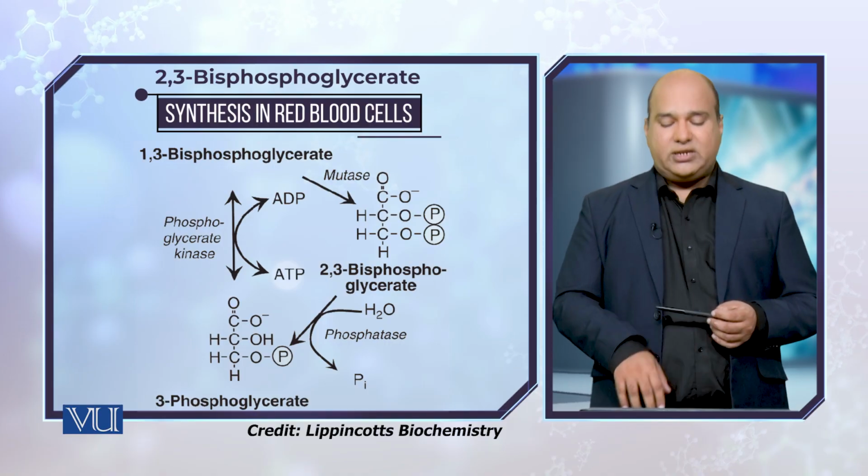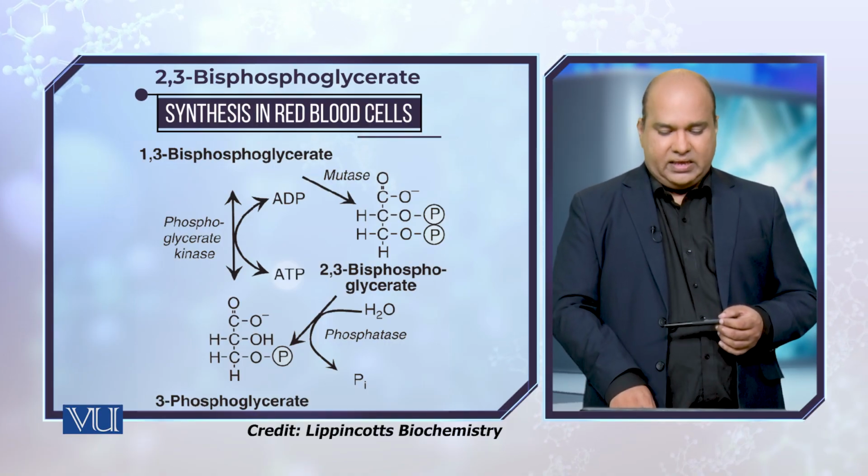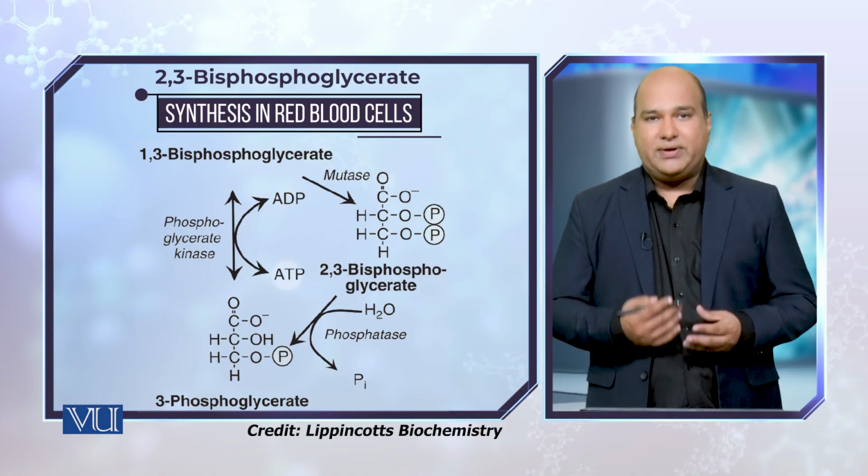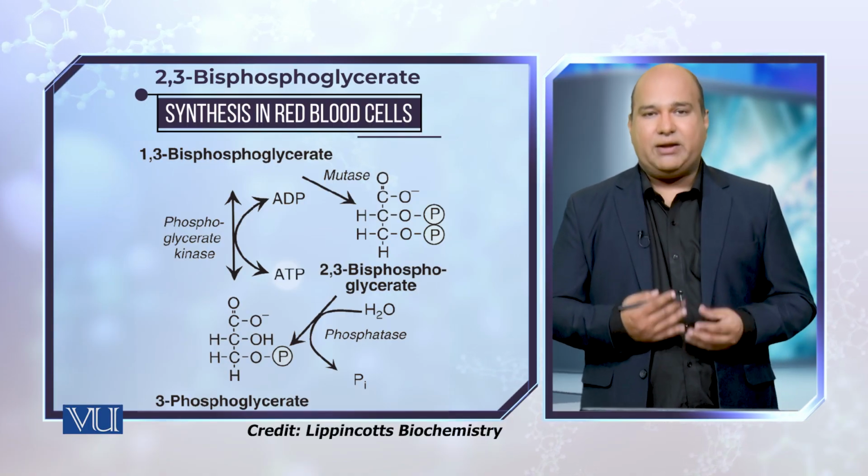So, 2,3-biphosphoglycerate, what does it mean? 2,3-biphosphoglycerate is formed in the red blood cells, the RBCs.